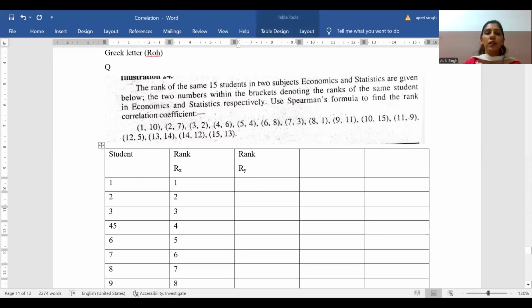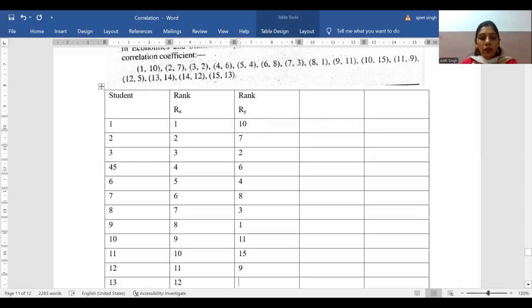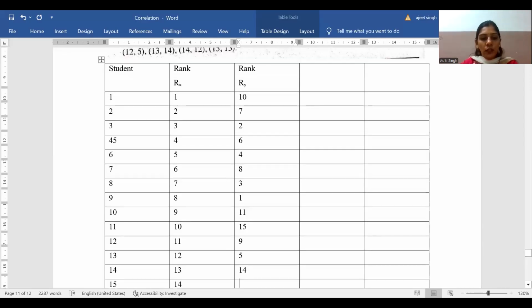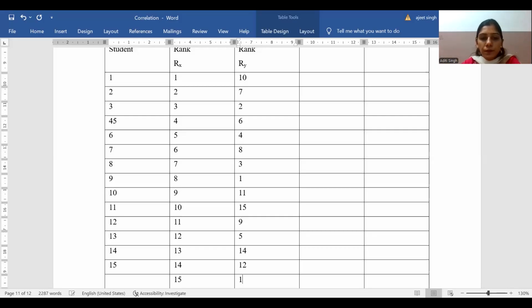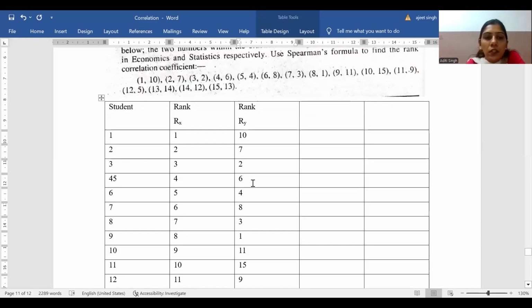The first one is 10, then 7, then 2, after that 6, after that 4, 8, 3, 1, 11, 15, 9, 5, 14, then 12 and 13. So these are the ranks given in the question.